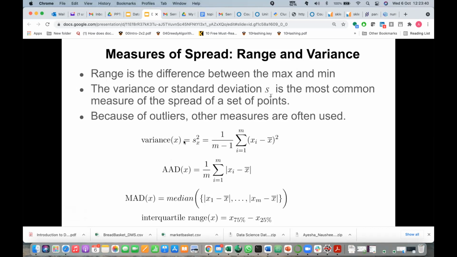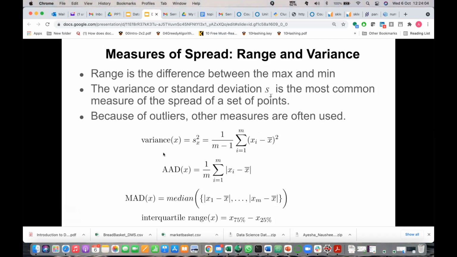There is still some debate. Variance doesn't represent it well, because you are taking squares, and when you take squares, it amplifies the differences. That's why it may not give you exactly the spread, so we should use AAD. There is still some debate among data scientists whether to take variance or AAD as the spread.